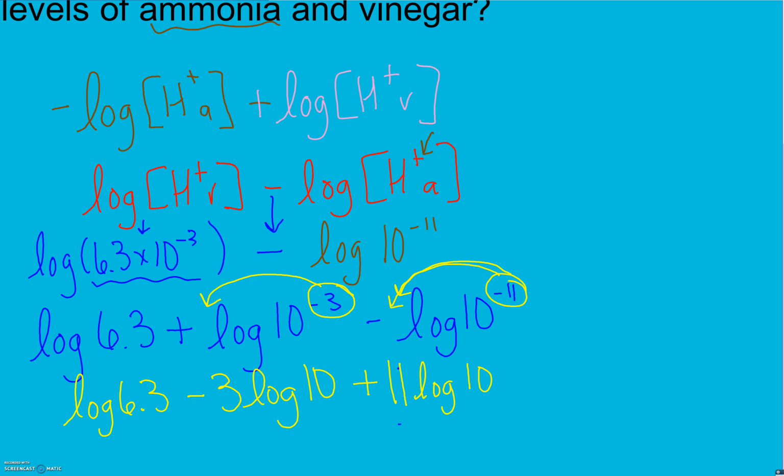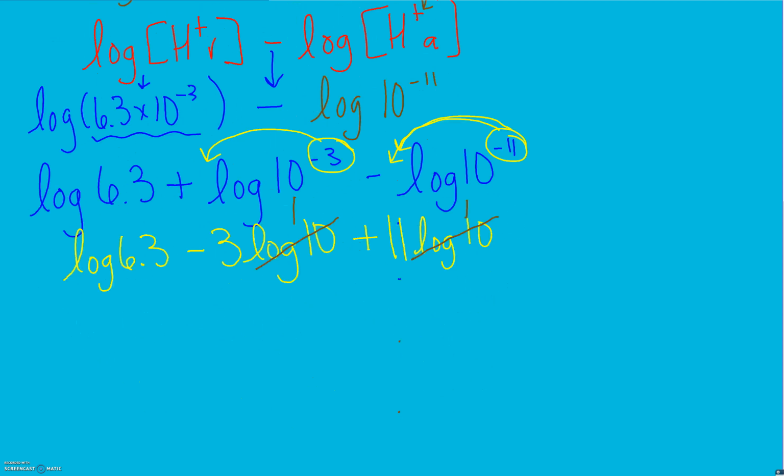We also know that log base 10 of 10 is just 1. So the simplified logarithmic form of this is log of 6.3 minus 3 plus 11, or log 6.3 plus 8. And that's fine and dandy, but not super helpful.